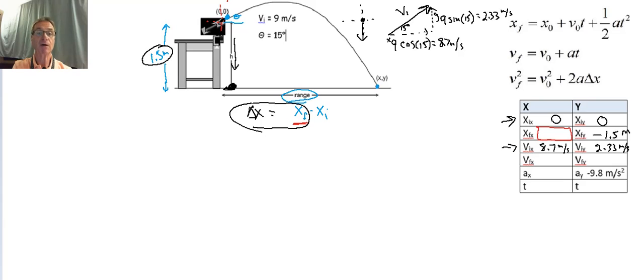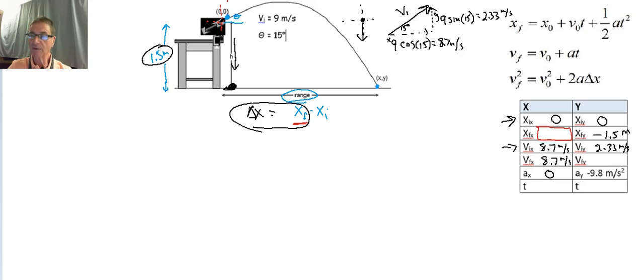And we're neglecting air resistance here. We know that air resistance will actually cause some deceleration of the ball, but we're going to neglect that for now. And so our final velocity in the x direction is going to be the same as our initial velocity in the x direction, which is 8.7 meters per second. As I just said, the acceleration in the x direction is 0.